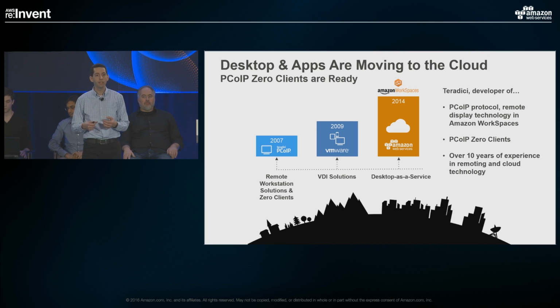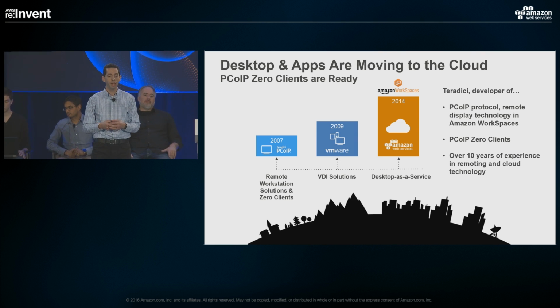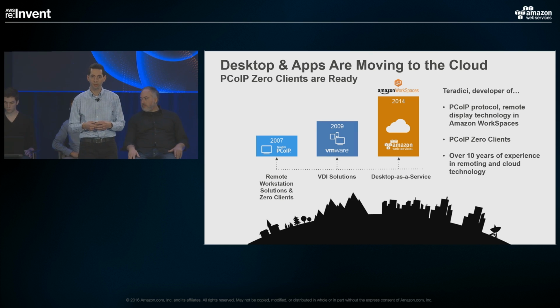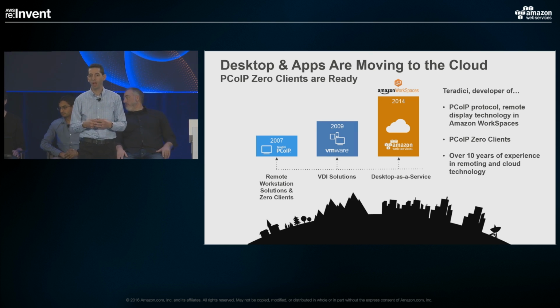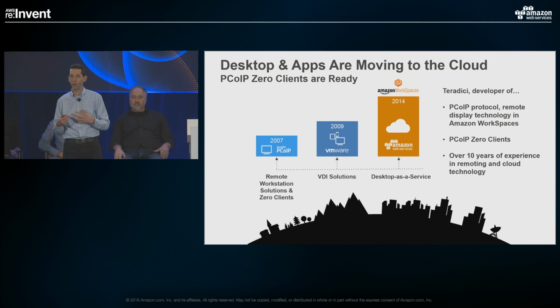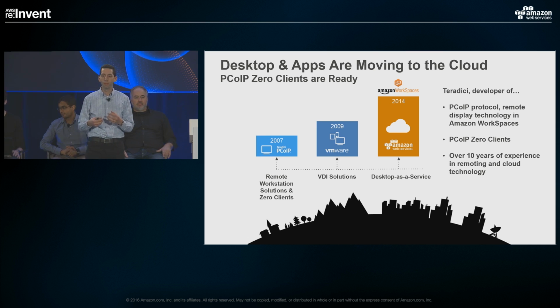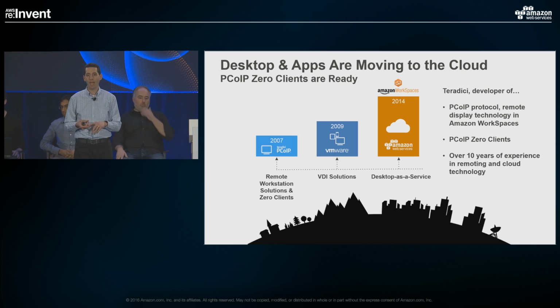It all started back in 2007 when we delivered a solution for the highest performance type of users, the GPU users who are doing animation or VFX or automotive design. Most of those types of users in the world today who are remoting their desktops are using PCoIP, just to give you a bit of background.